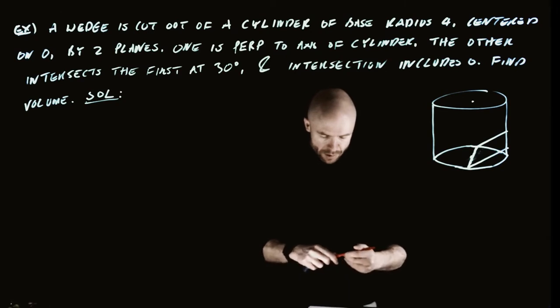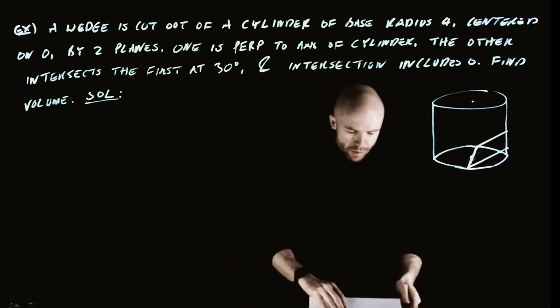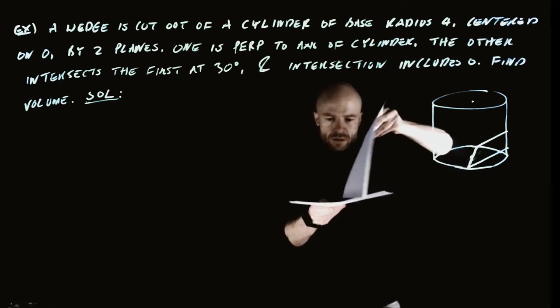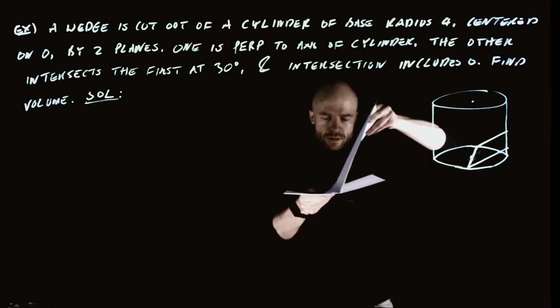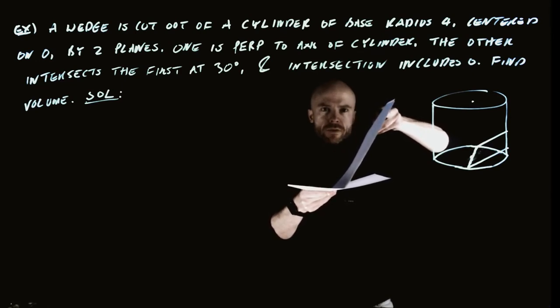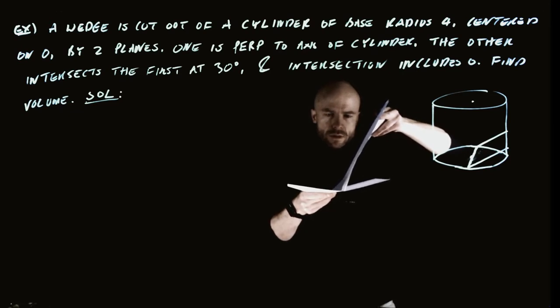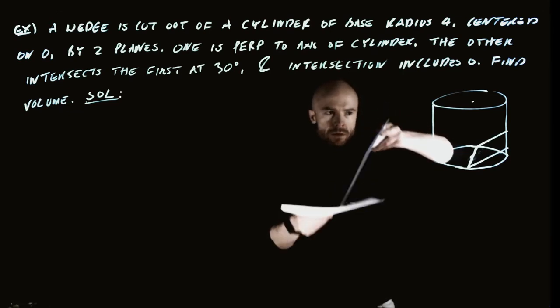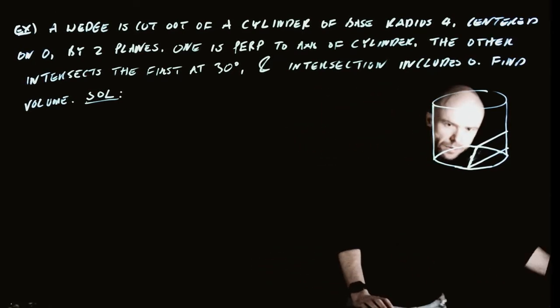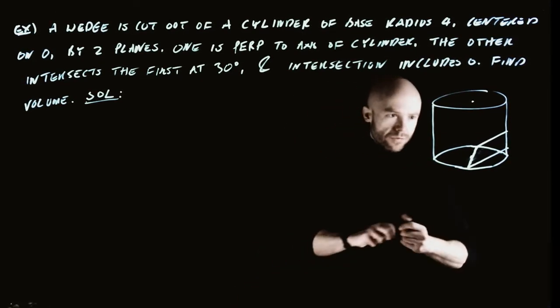One of the planes is the base, the other plane comes in and intersects it at 30 degrees. So this is the thing. So imagine this thing slicing out a chunk of the cylinder. That's what we have here. So it kind of looks like a wedge of cheese. Yeah? Cool. All right.